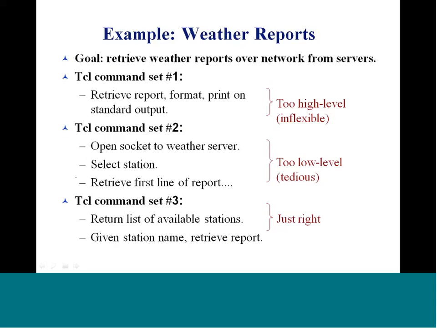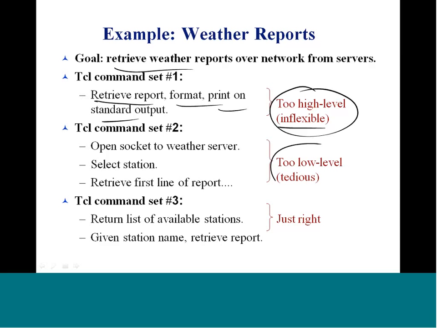Here we are comparing 3 different Tcl commands for weather reports. The goal is to retrieve the weather reports over a network from various servers. The first Tcl command is to retrieve the report, format it, and print it on the standard output. This is too high level and so it is inflexible. Now we can write another command which opens a socket to the weather server, selects a station and retrieves the first line of the report.